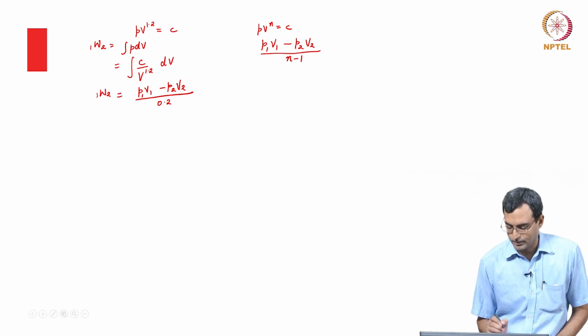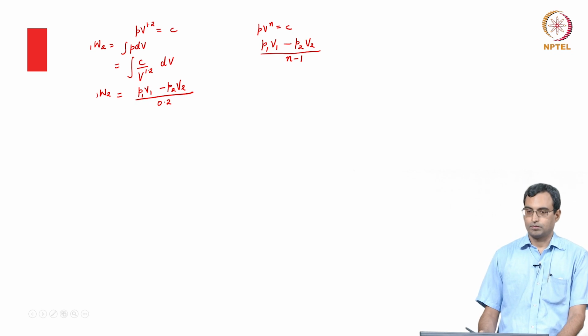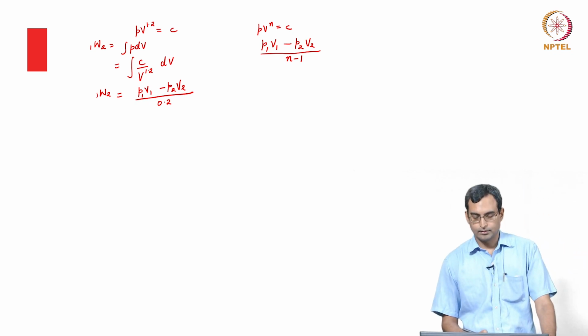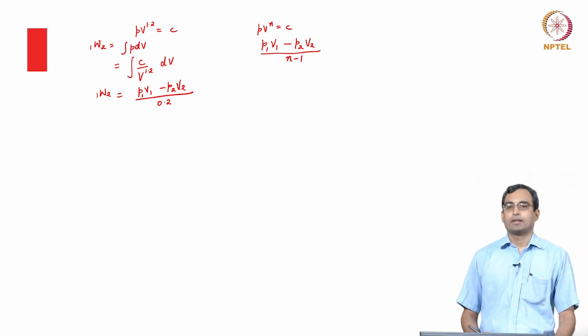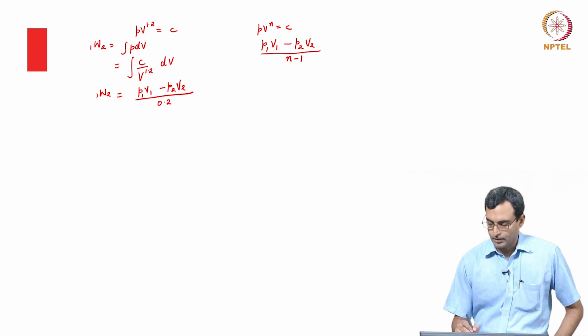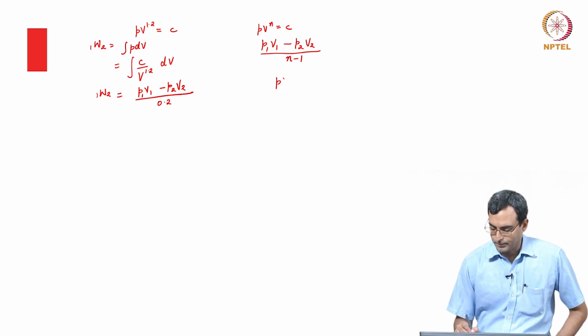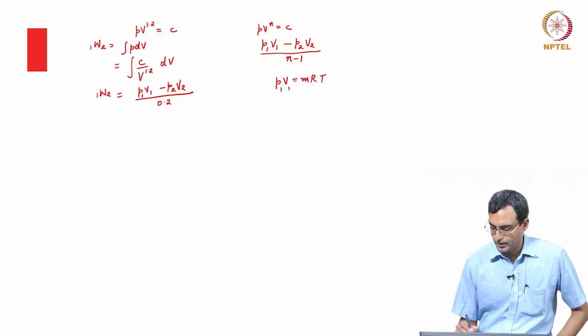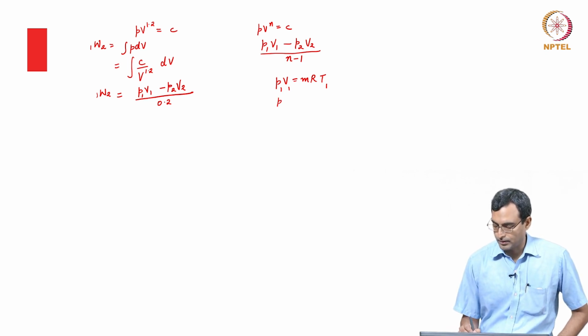So, this gives me the expression for the work which is done. What I also know is that the substances are ideal gases. For an ideal gas, I know that PV is equal to MRT, which means P1 V1 is MRT1. The mass is constant, R is constant, and P2 V2 is MRT2.